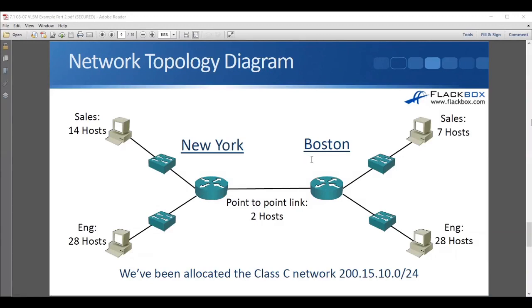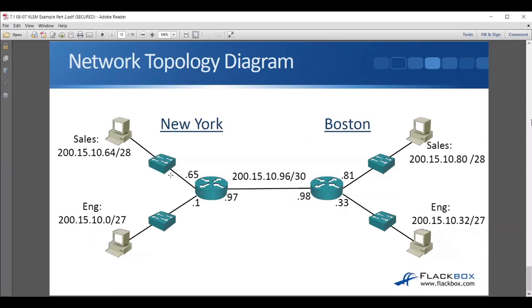Here you can see that there are different sites and their requirements for the host IP addresses are different. Because of that, they have utilized different IP addresses. So the subnet mask, or the extended network prefix, is different, right?